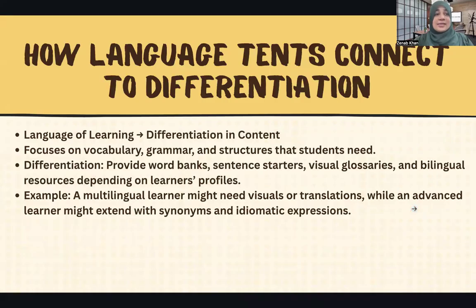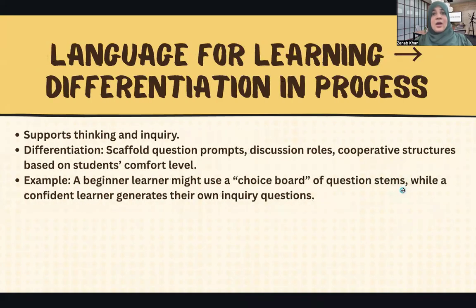Moving on, let's quickly unpack language of learning, that is differentiation in content. The language of learning is about the vocabulary, grammar, and structures learners need to access and understand concepts. In a multilingual or mixed ability classroom, not all learners arrive with the same language toolkit. So we need to understand this.